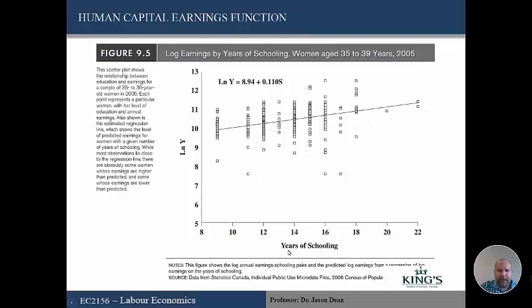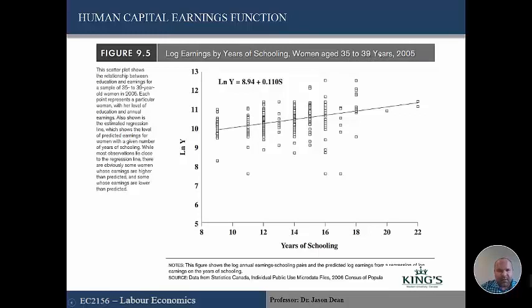So if we look at some estimates of this equation, we get different results, it depends on which population you're working with. So here's just an example of log earnings by years of schooling for women aged 35 to 39. Okay, we see there's a positive relationship. And here we have an example where we estimate this model on women aged 35 to 39.